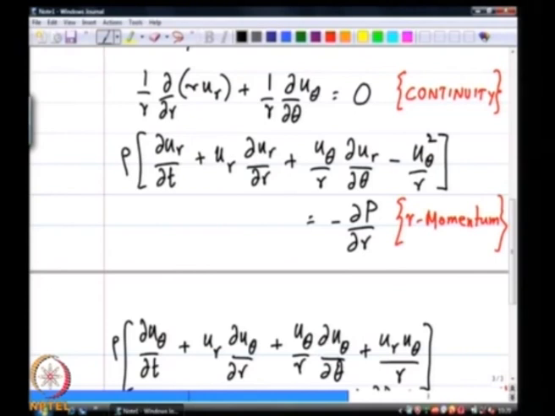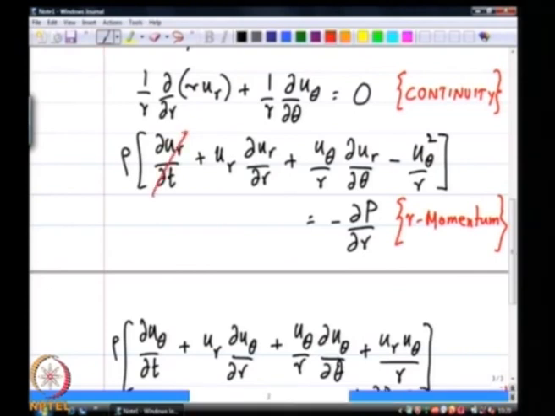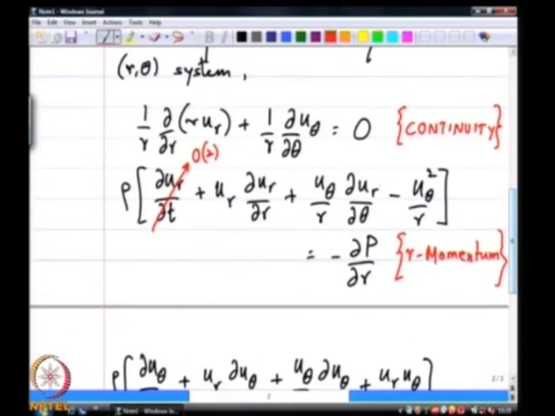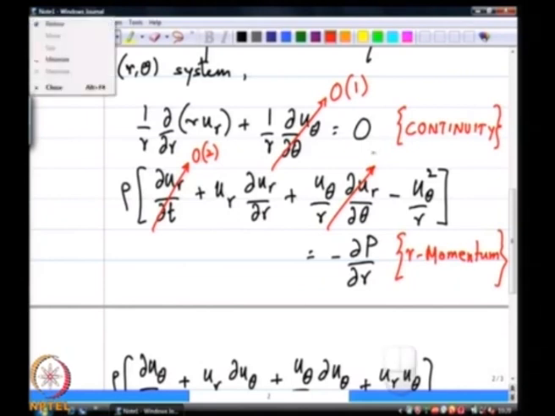If I now go through and scratch out terms and put in parentheses why that term is being scratched out, I will start with the first one. This is scratched out because of axis symmetry, this is scratched out because of the transient nature not being present.